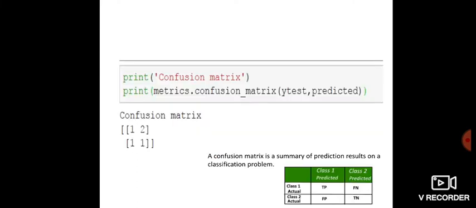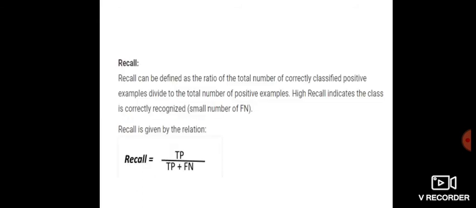Then we print the confusion matrix. The confusion matrix is a summary of prediction results on a classification problem. So we print the confusion matrix for y_test.